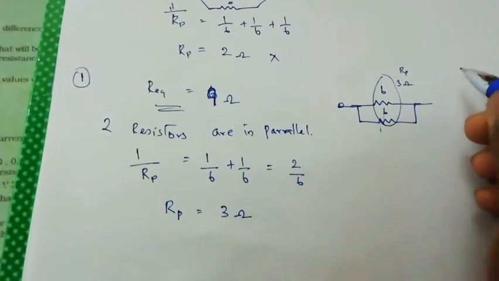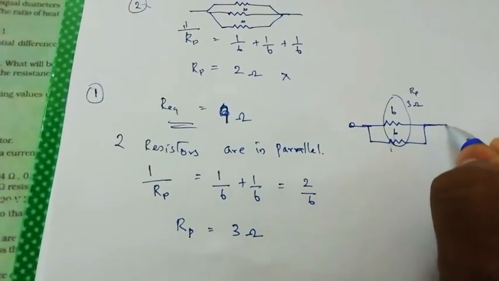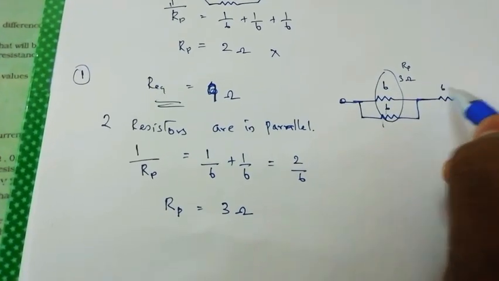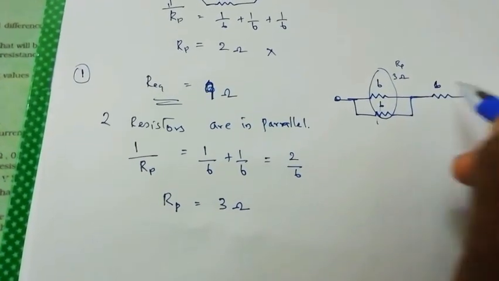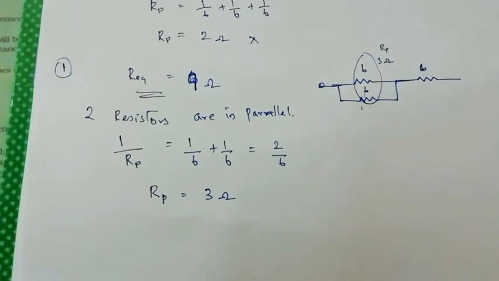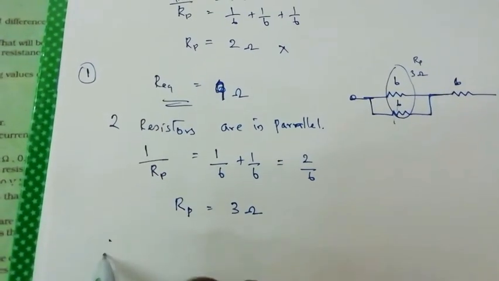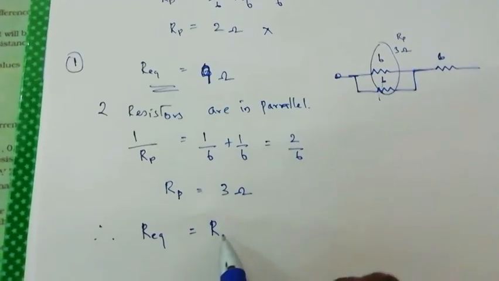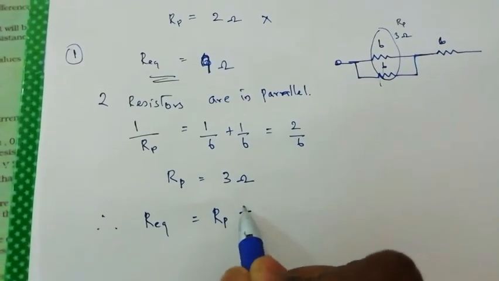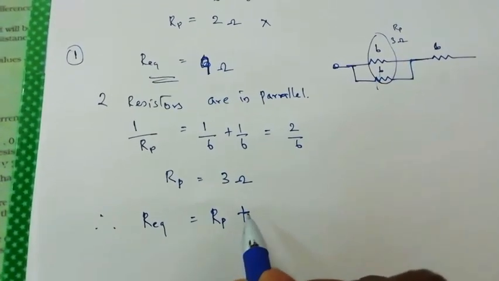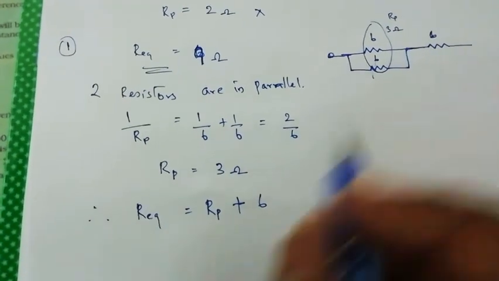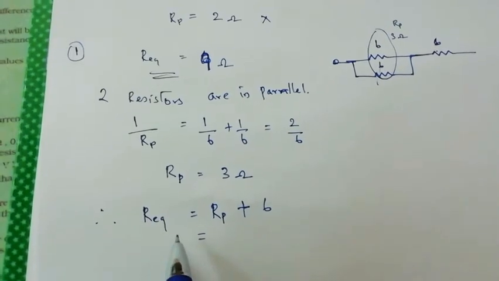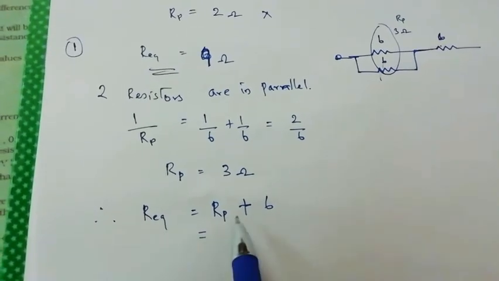Now if we connect one in series like this, two are in parallel and one in series, and this also has the same resistance, that is 6. Therefore R equivalent is equal to what we already did, Rp, which is 3 ohms, plus one more, that is 6 ohms, connected in series.